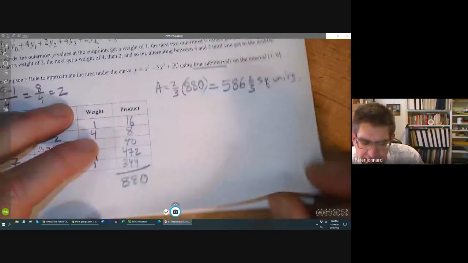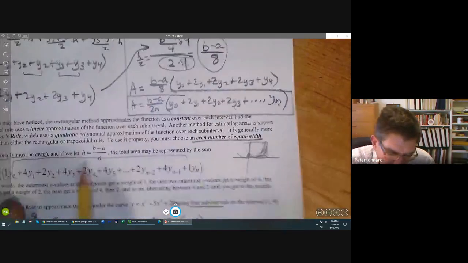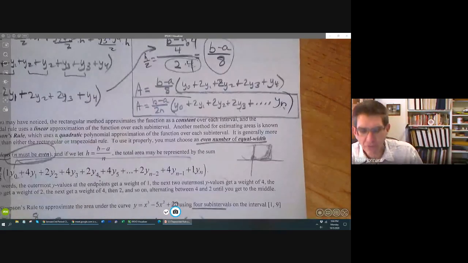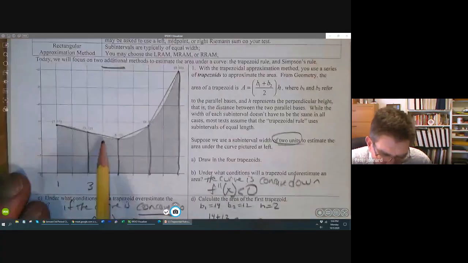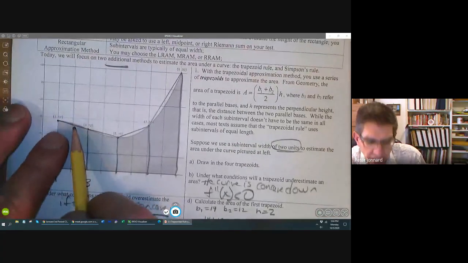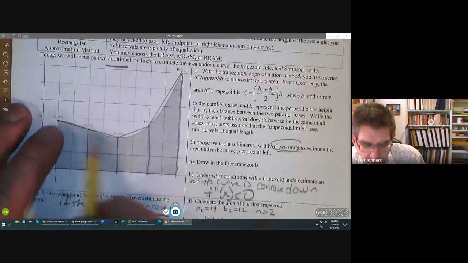And the reason is that basically, because you're having an even number of subintervals, I think this is really cool. See how this one underestimates and that one overestimates it with the trapezoidal rule?